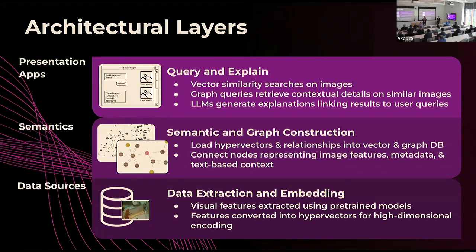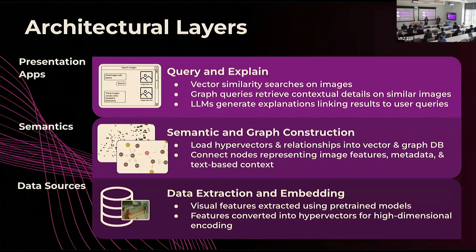And then you have the query level as well. And so this is where we are looking at both vector similarity for searches, but then graph queries as well to bring in that contextual data. And what I find really interesting is we're marrying the best of both worlds in the state of the art to give us both really nice global and also very local search as well.